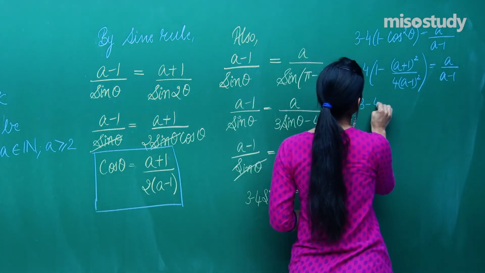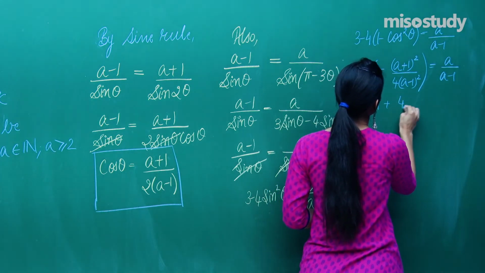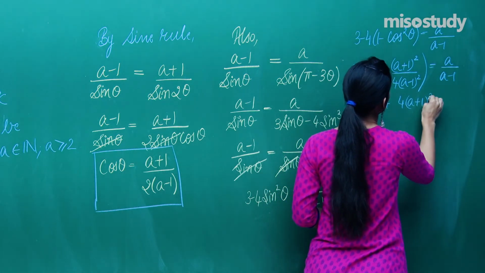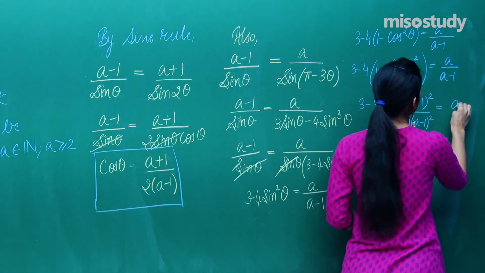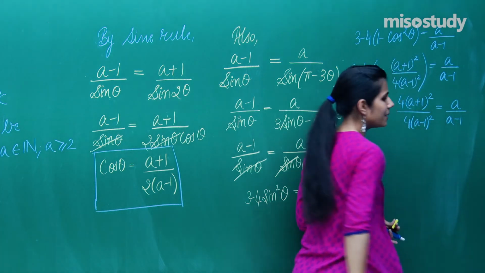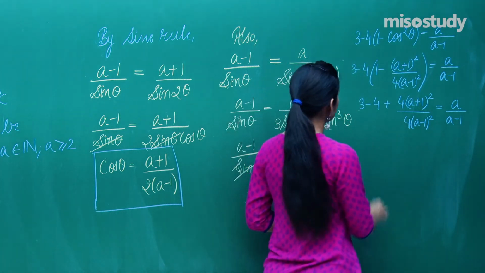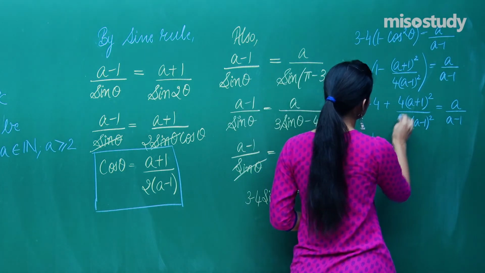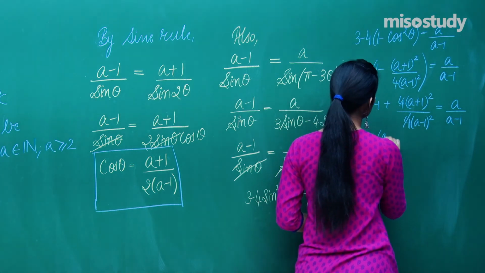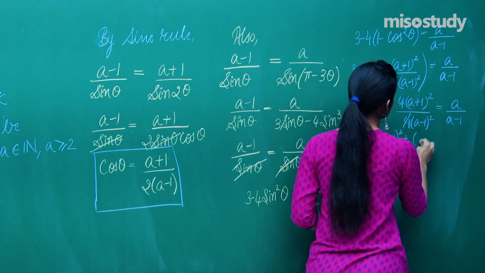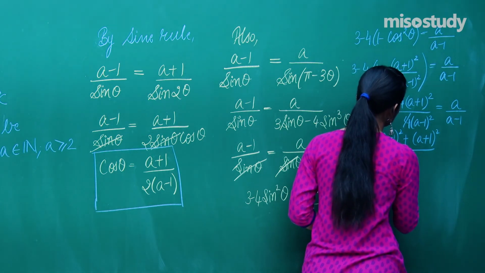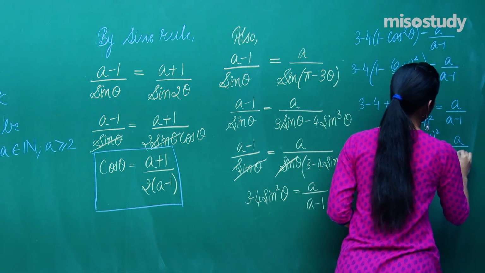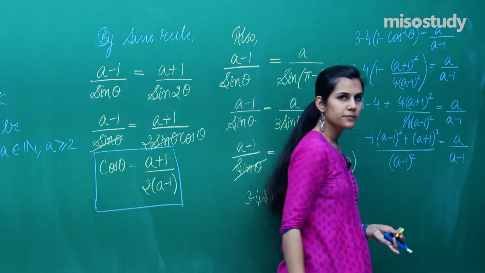This is 3 minus 4 plus 4 into a plus 1 whole square upon 4 into a minus 1 whole square is a upon a minus 1. 3 minus 4 is minus 1. This 4 gets cancelled. So minus 1 into a minus 1 whole square plus a plus 1 whole square, whole upon a minus 1 whole square, is a upon a minus 1.